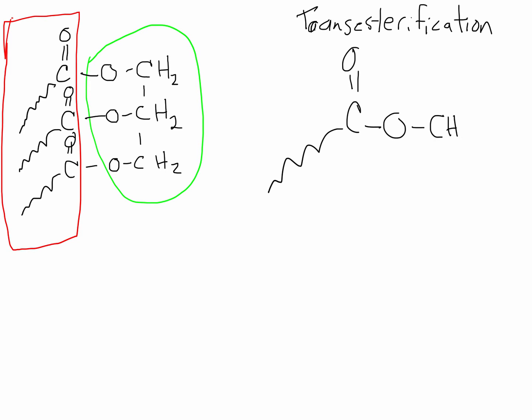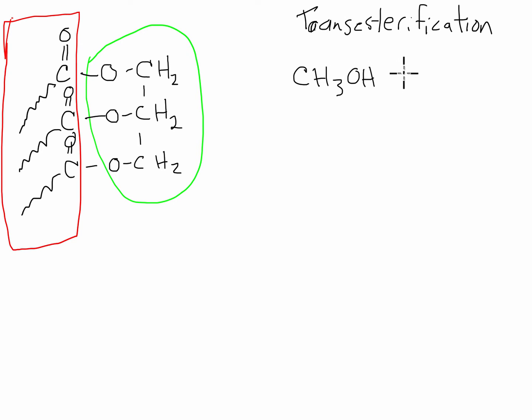Okay, so the first part of this reaction is where we react our alcohol, our methanol, our one carbon alcohol with sodium hydroxide. Okay, so this sodium hydroxide, this base, will separate into a positively charged sodium ion and a negatively charged hydroxide ion.